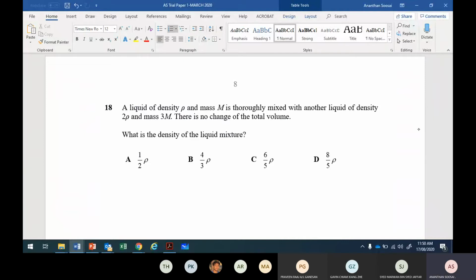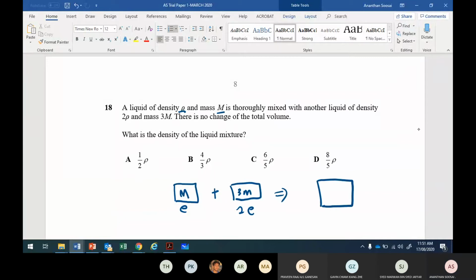Okay. One body has mass m and density rho. It was mixed with another substance with density 2 rho and mass 3m. After they mixed, you get a new mixture.